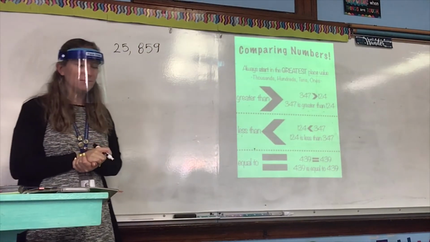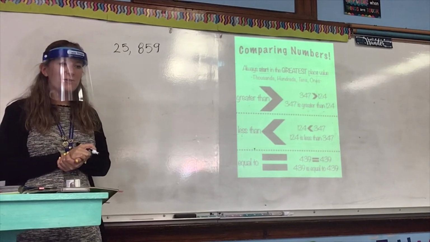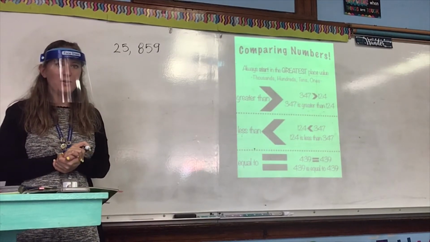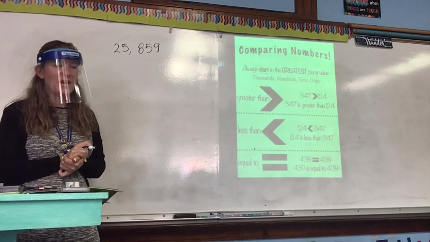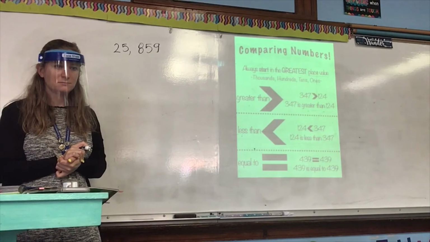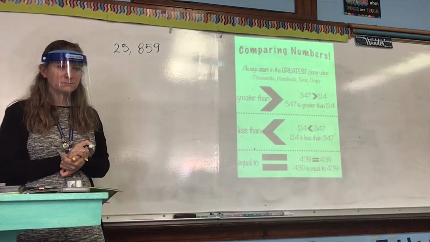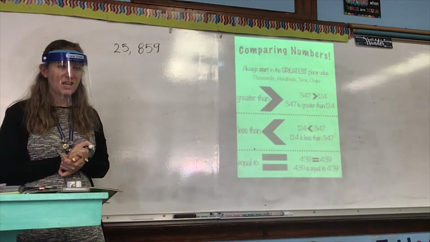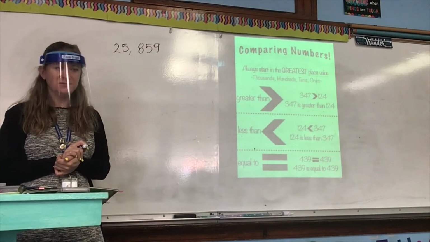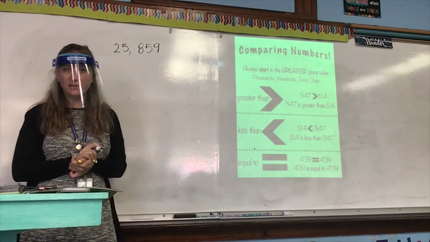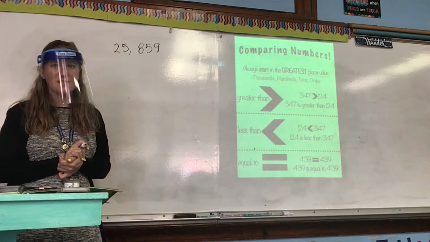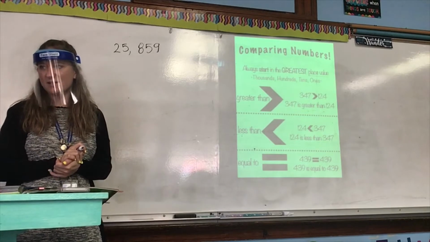Take a minute, put it in your place value chart, then in word form, write how many ones you have, how many tens, how many hundreds, how many thousands, and how many 10,000s.